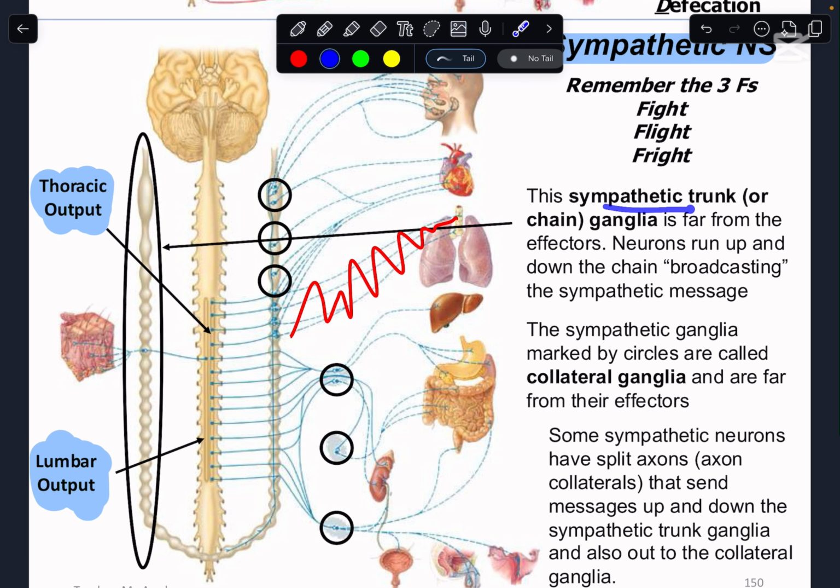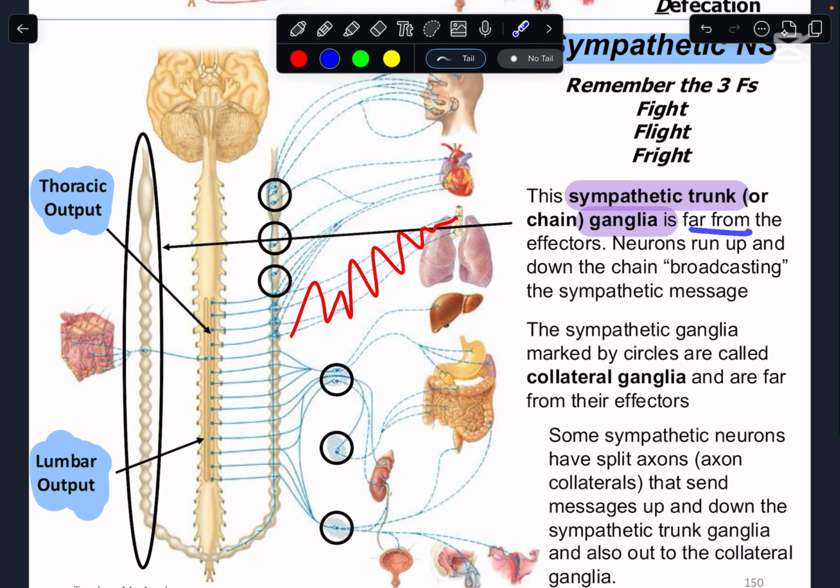We call them the sympathetic trunk because they actually interconnect. This ganglion here connects with the one on the top and with the one at the bottom, and then this one connects with the one at the bottom, and so on and so forth. So these ganglia are interconnected vertically amongst each other.